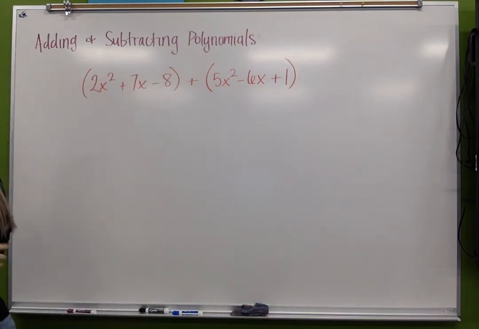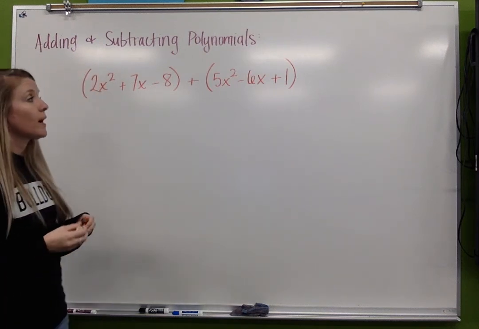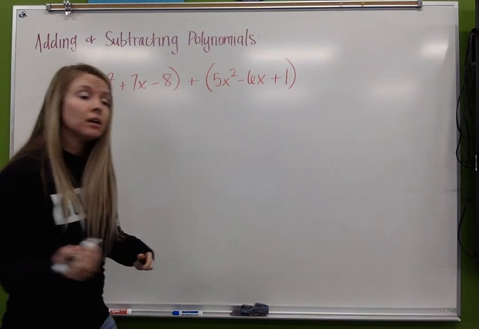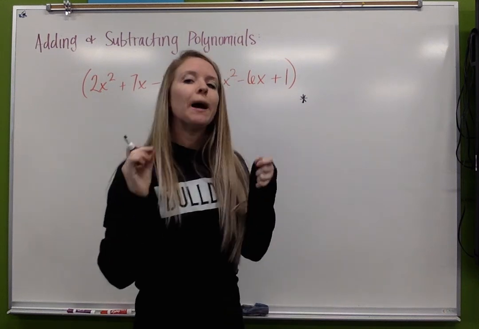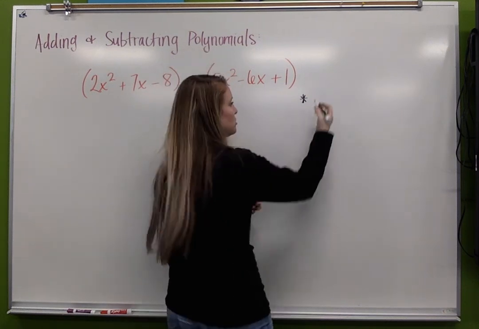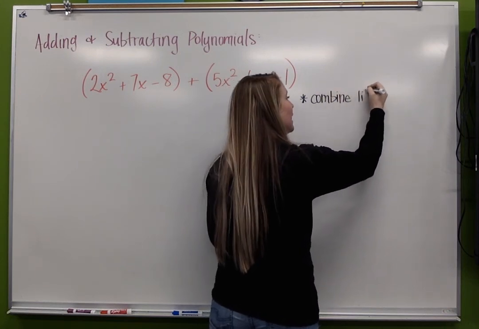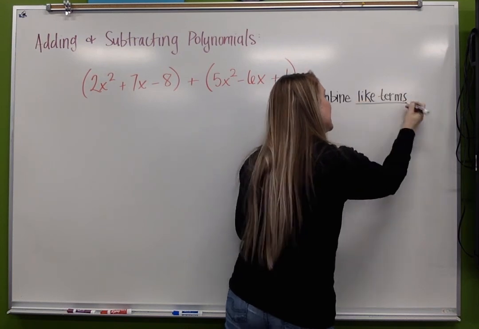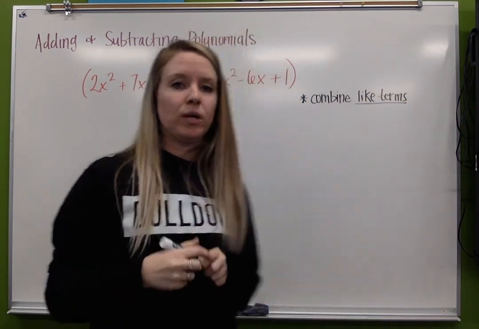Okay. 2x squared plus 7x minus 8 plus 5x squared minus 6x plus 1. What we're going to do here is add or subtract. We're going to combine our like terms. For something to be like terms, that means they have the same variable with the same exponent.